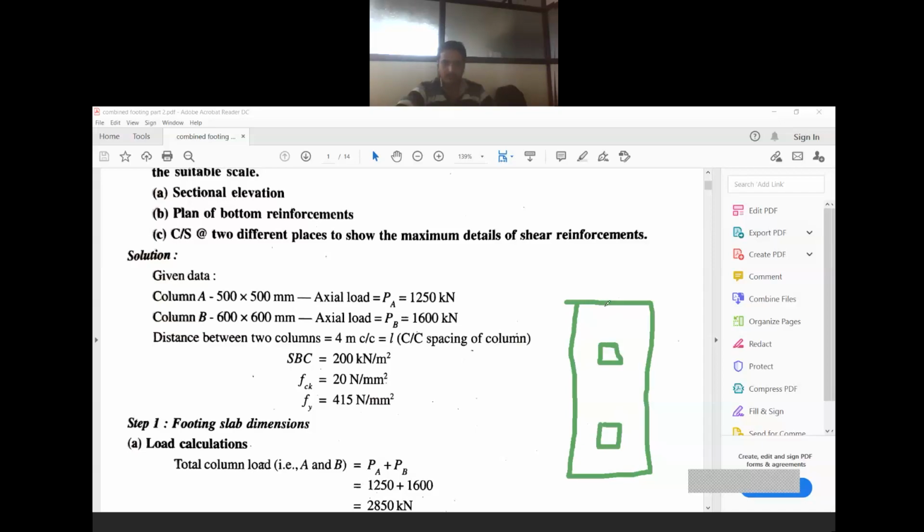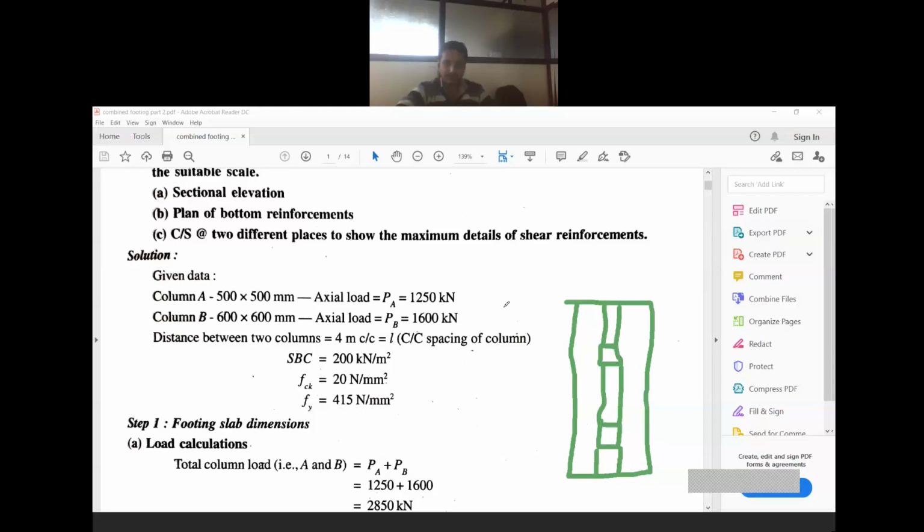In type 2, what we have is an extra beam connected to the columns. Usually it is constructed in between the columns. In some cases, the beams are constructed for the whole length, like this. So it would look like a beam.